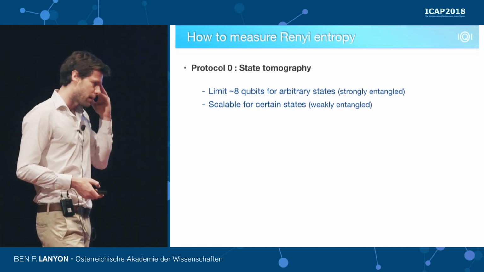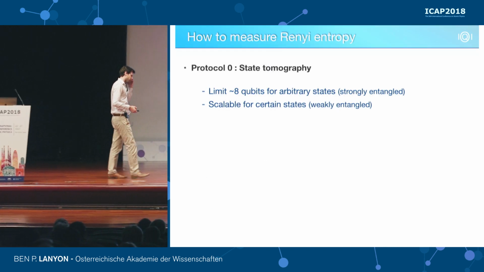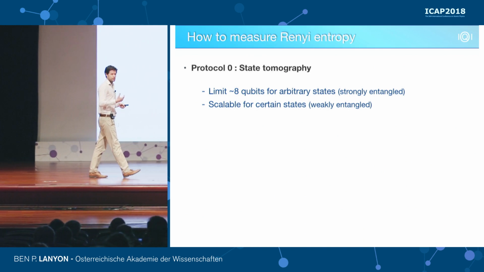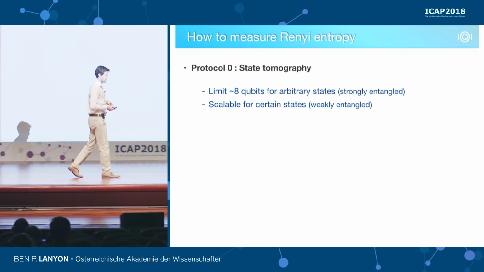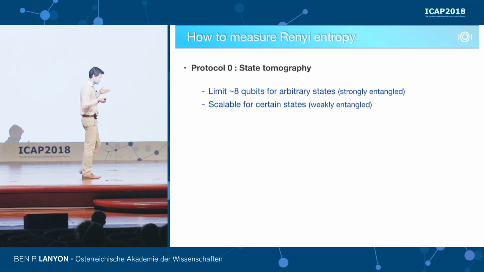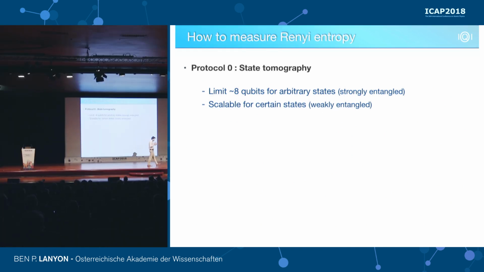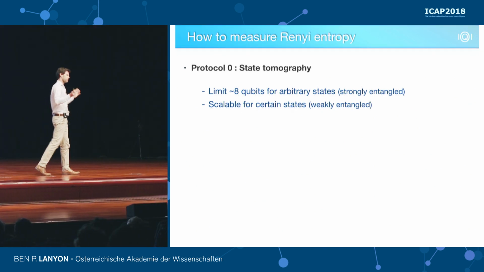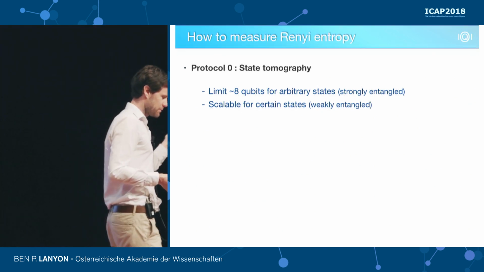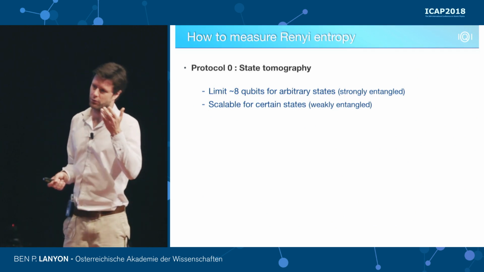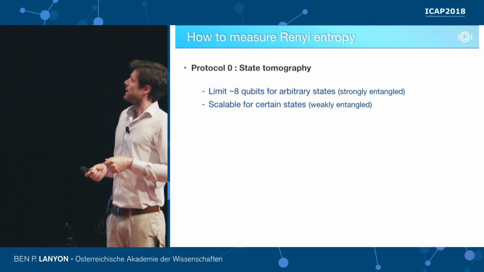Okay, so how do you measure Rényi entropy? It's a nonlinear function of the density matrix, which makes it very hard to measure. We only measure linear observables. One approach is to do full quantum state tomography and just measure everything, reconstruct your best estimate of the quantum state, and take the trace to various powers.